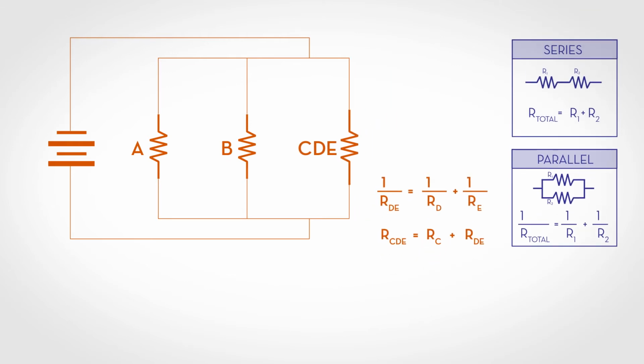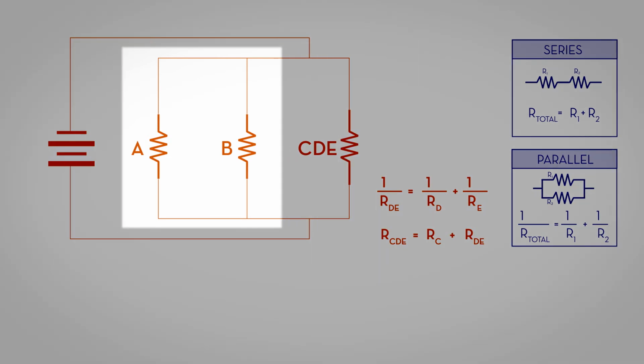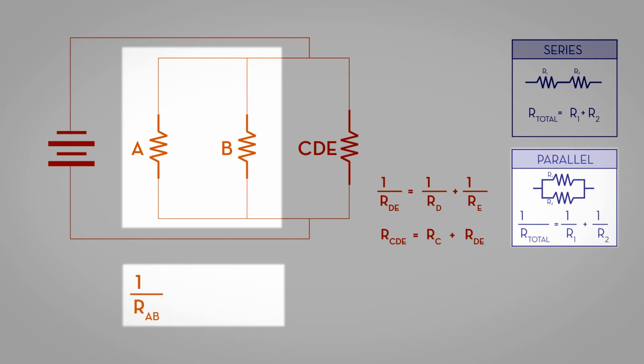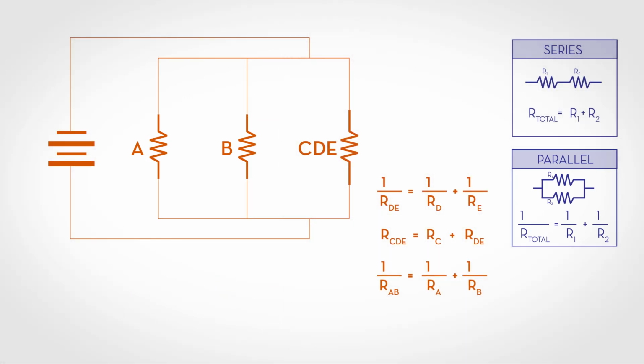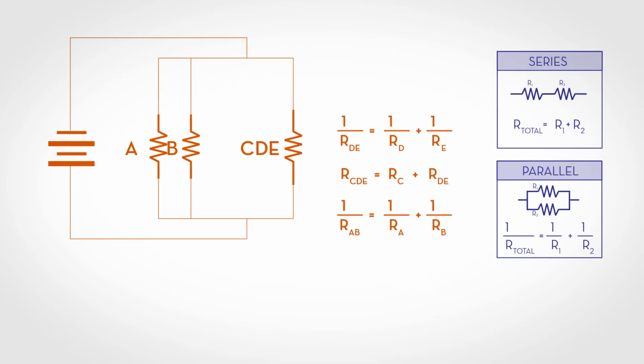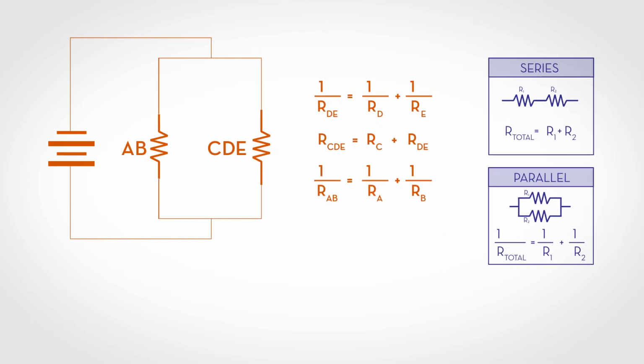Okay, now we go to the other side, and there are a couple of ways I could go here. The path I'm going to take is to combine A and B, and A and B are in parallel, so I would have 1 over RAB equals 1 over RA plus 1 over RB. And that I can solve for RAB, and I replace A and B by a single resistor, RAB.